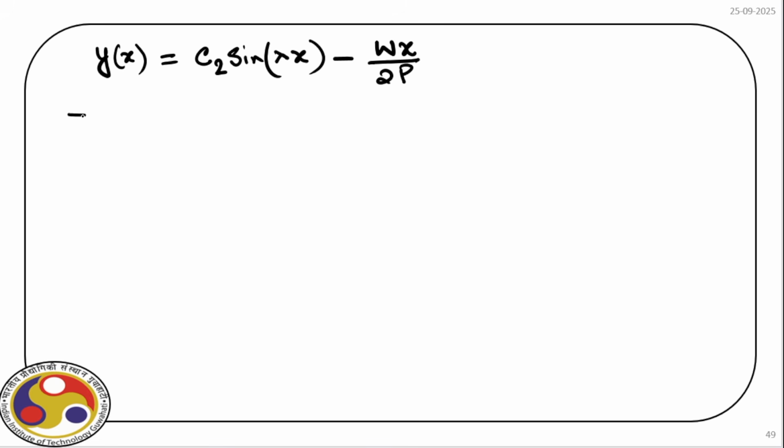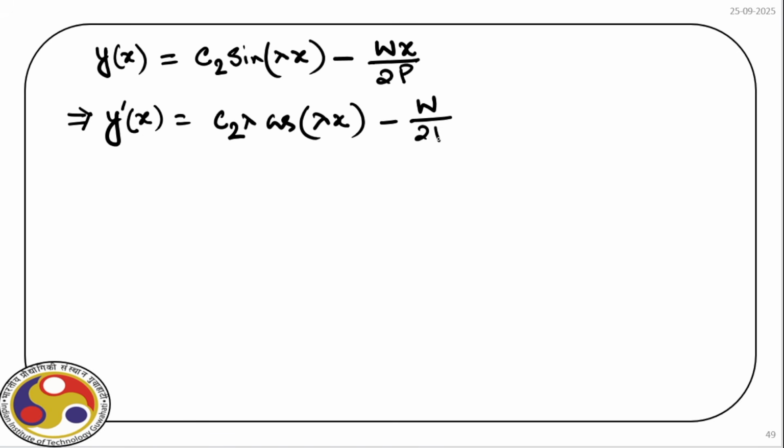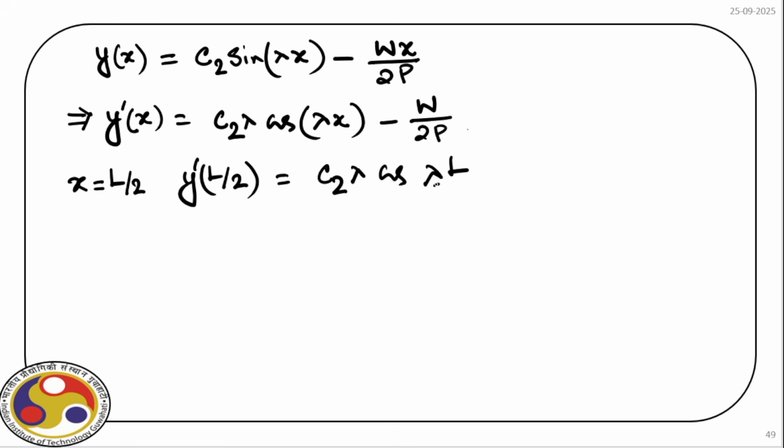So if we find out y prime of x, we have C2 lambda cos of lambda x minus W by twice P. So at x equal to L by 2, y prime of L by 2 is equal to C2 lambda cos of lambda L by 2 minus W by twice P, and this is equal to 0.